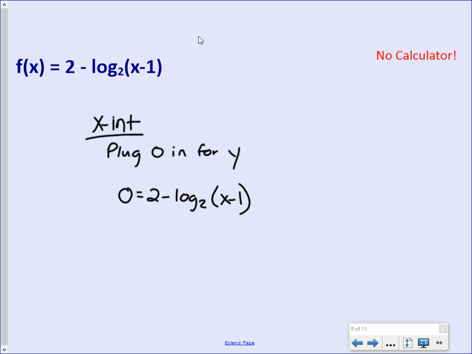What are you going to do first? Okay, you could add the log to the other side. Log base 2 of (x minus 1) equals 2. I like that because now it's positive log. What can you do next?